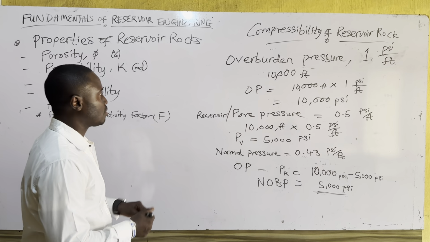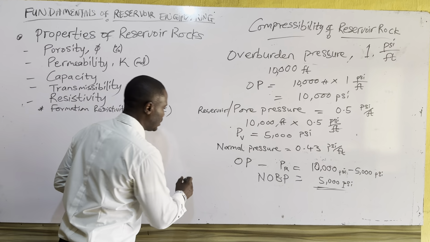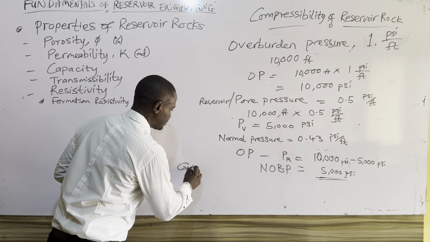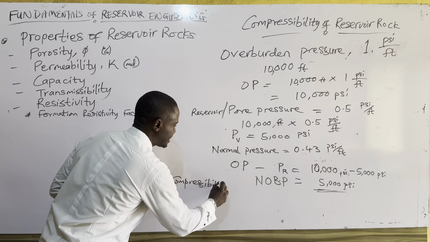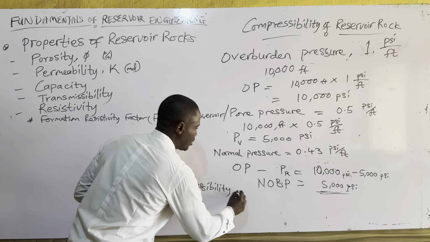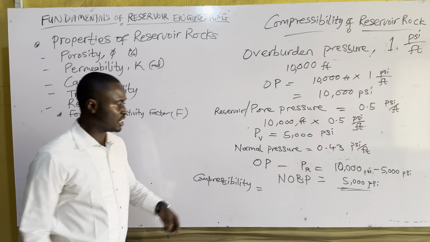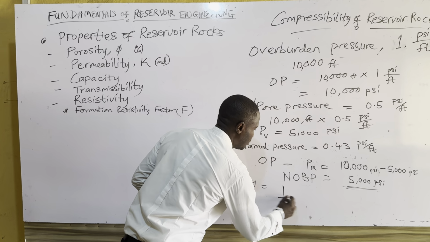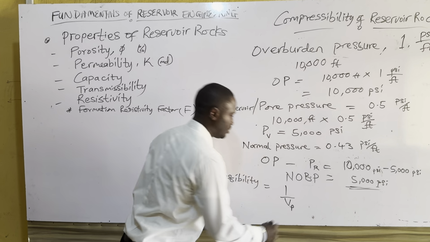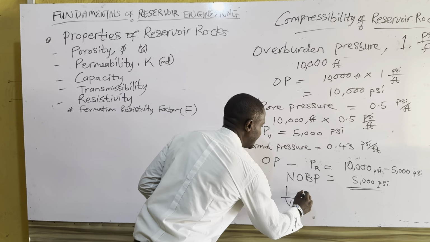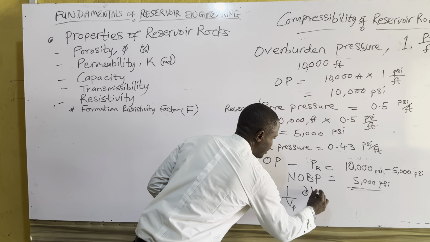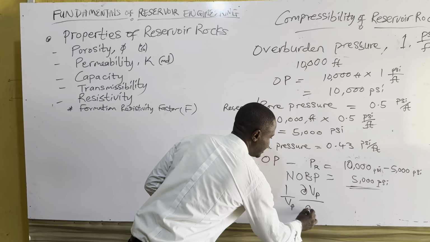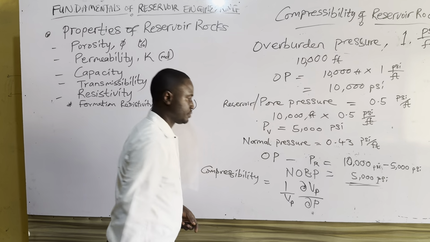And if we want to calculate compressibility, we take compressibility based on this overburden pressure. Compressibility is equal to 1 over Vp, the pore volume, times the differential of our pore volume over the differential of our pressure.